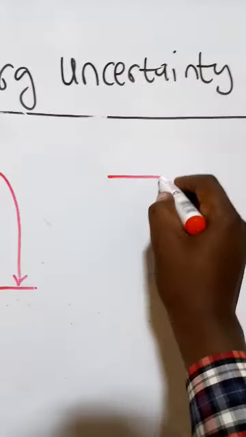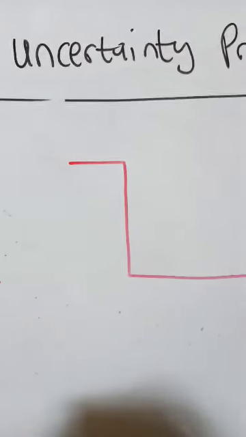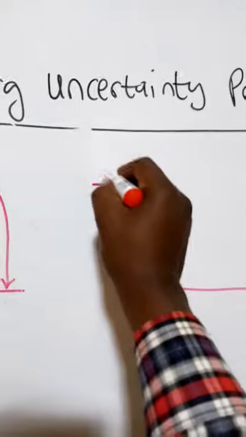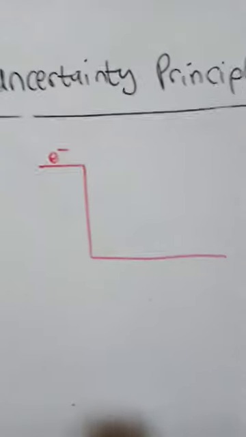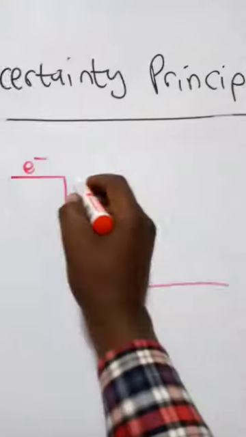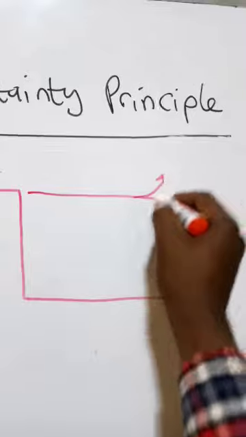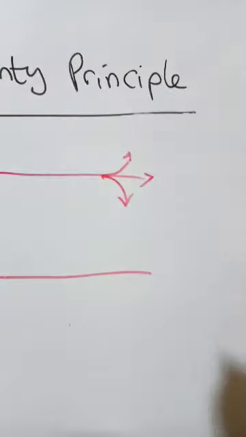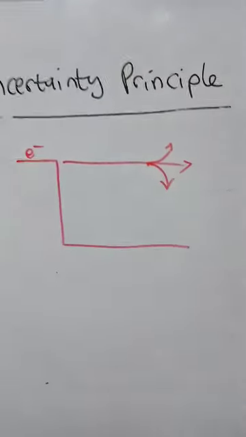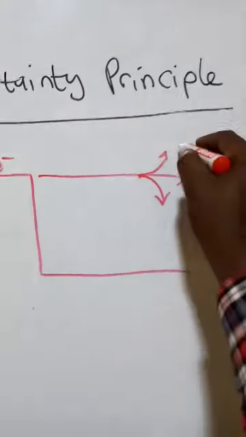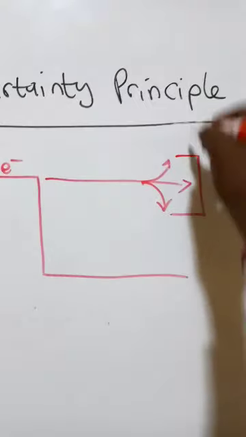But this is not so when a smaller particle such as an electron is used. Suppose the electron is moving at the same speed in this direction, so it may either go straight or go up, or it may change the direction to go down. So here now we have a range.